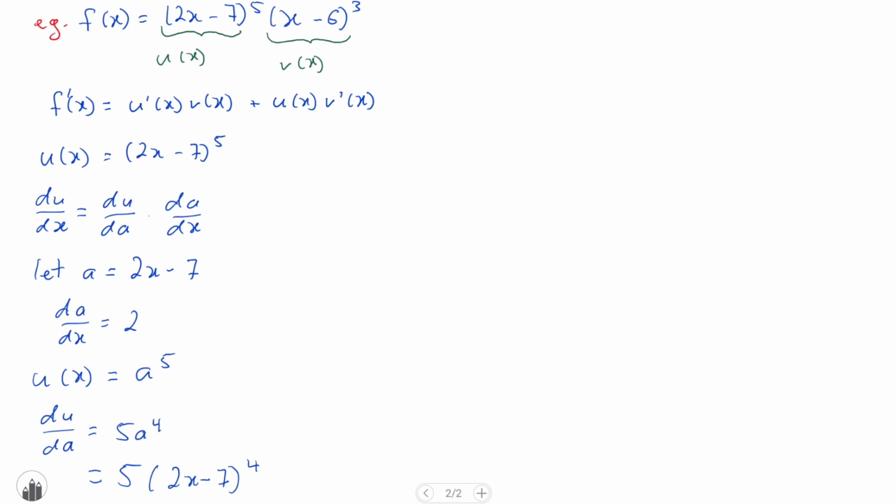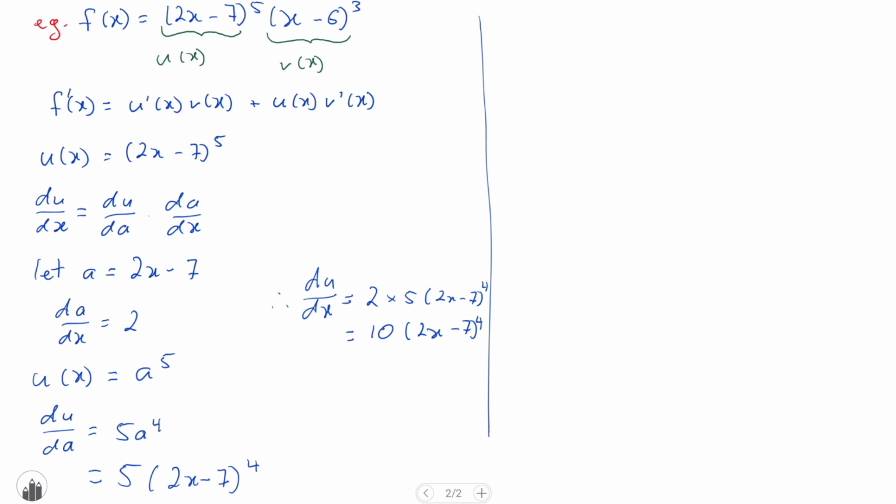So therefore, du dx equals what? Equals 2 times du dA, which is 5 times the thing in brackets, 2x minus 7 to the power 4, which we can simplify to give 10 times 2x minus 7 to the power 4. Okay, that's half of it done.